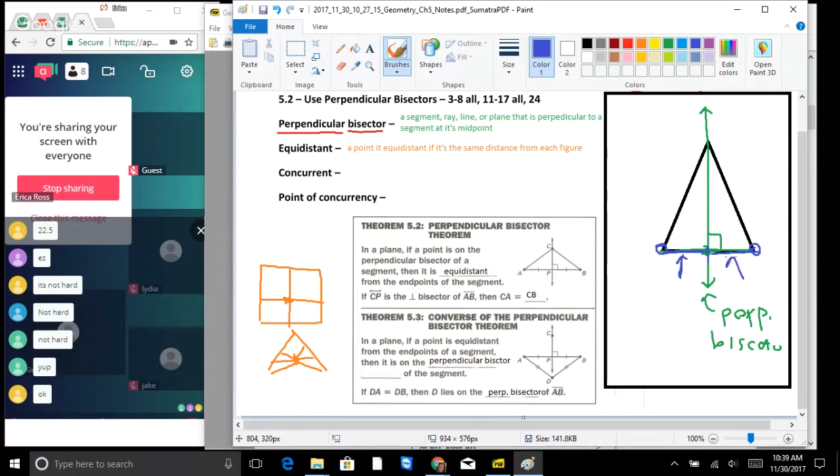So the theorem itself is not hard. It's like, well, duh, if I draw a line through the midpoint and make a bisector, then yeah, I divide it in half, and those two sides are going to be equal. But we just have to have a lot of fancy words to be able to say that they're equal, right?